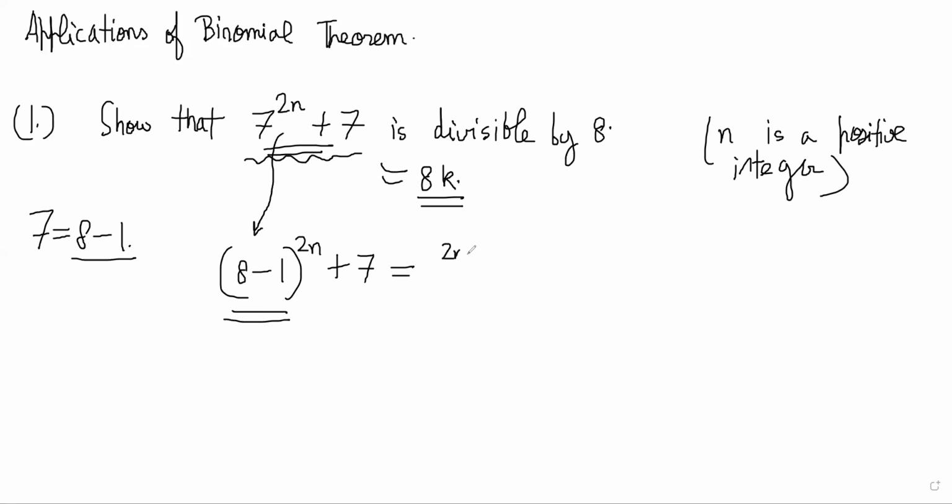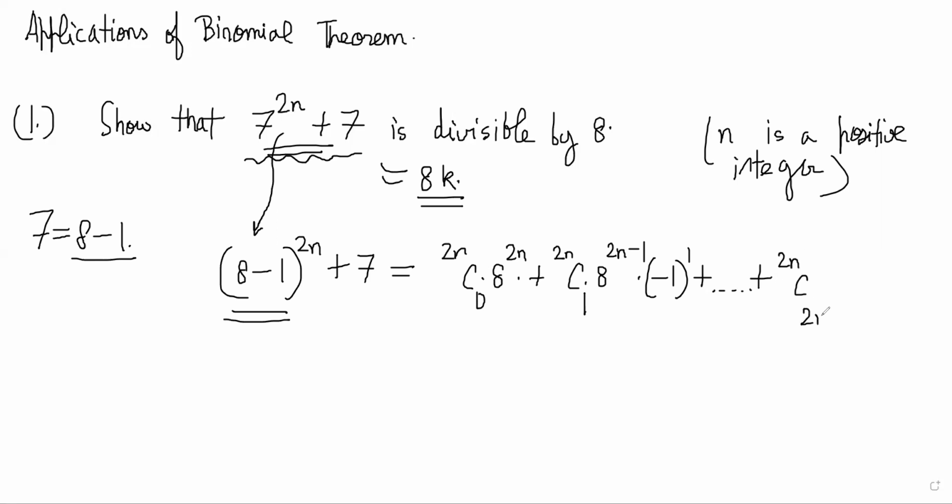We'll start with 2n c0 and it will be 8 power 2n, and then 2n c1, 8 power 2n minus 1 and minus 1 power 1, and so on. I will go on till 2n c2n, and it will be 8 power 0 and minus 1 power 2n, right?